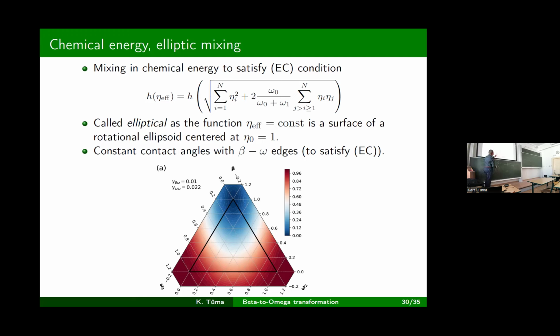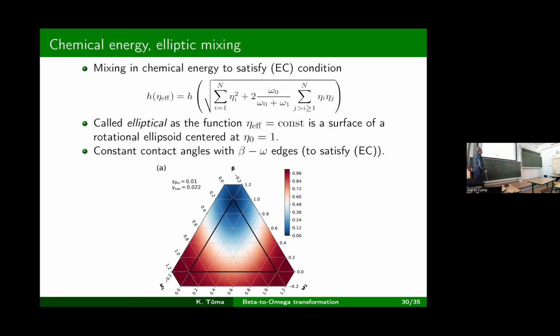It is called elliptic because if we take this effective volume fraction eta to be constant, it is a surface of the rotational ellipsoid, and we want the isolines to have the same angle, so the contact angle between this edge and the isoline of the ellipsis is everywhere the same, which is the graphical meaning of the evolution consistency of our model.